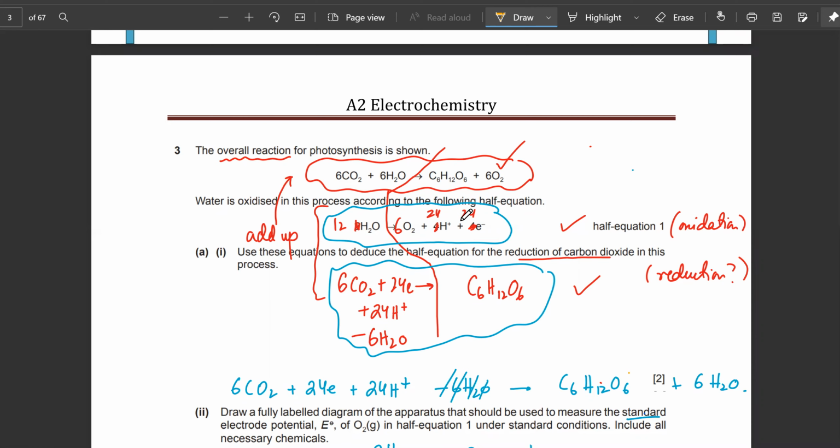For example, the 24H plus 1 are missing over there, so that means they got consumed. When you add the two equations up, they get cancelled out and don't show up over here. So that's why this one was slightly more difficult.